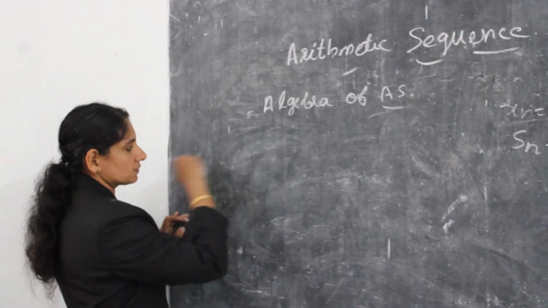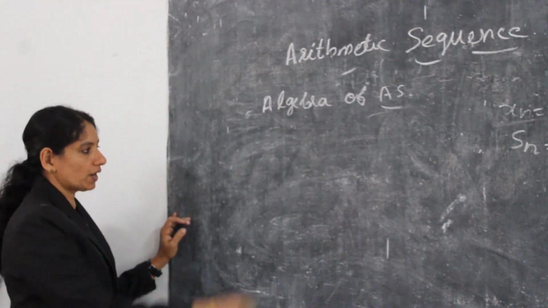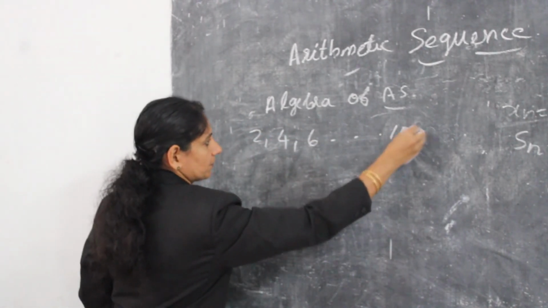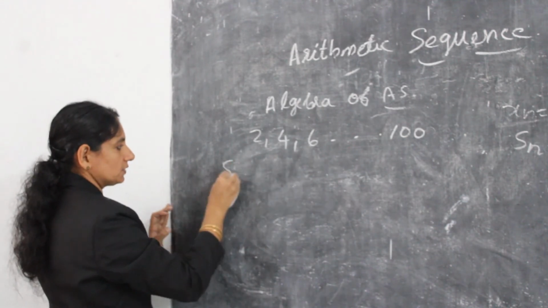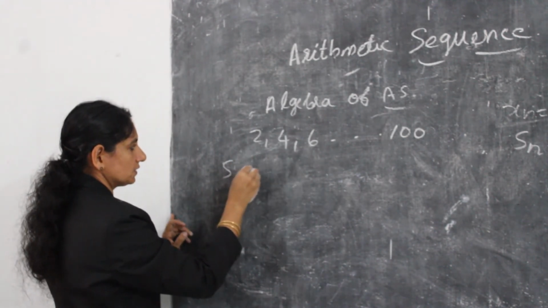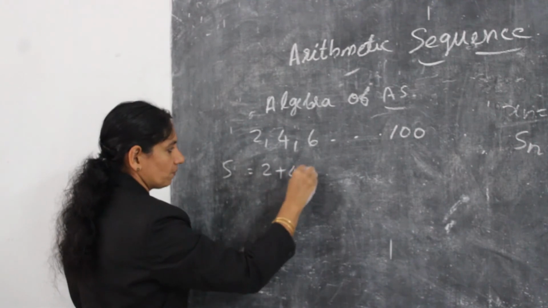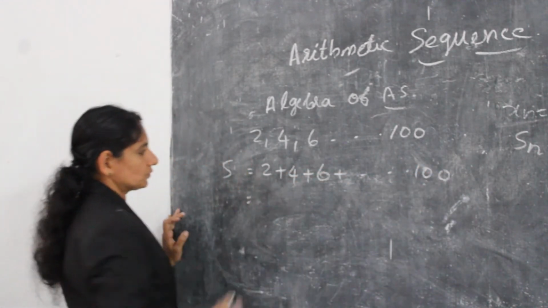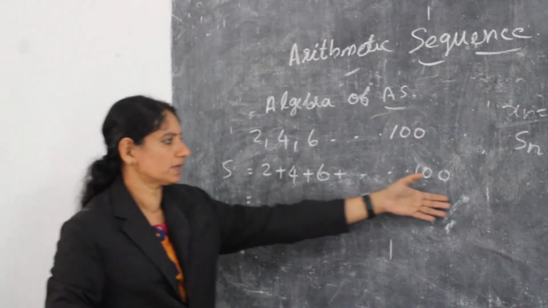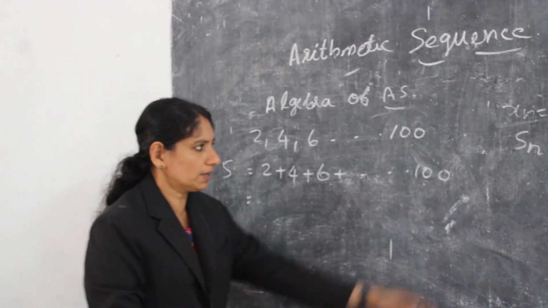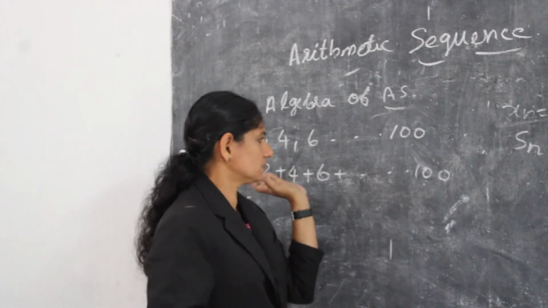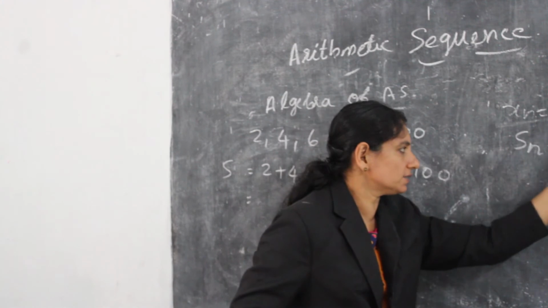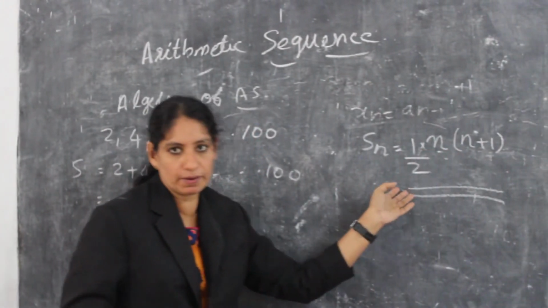Consider the sequence of even numbers up to 100. It is 2, 4, 6, etc. up to 100. We have to find the sum of these even numbers. That is, S is equal to 2 plus 4 plus 6 plus etc. up to 100. We know that for natural numbers, the sum of 1 plus 2 plus 3 plus etc. uses the formula n into n plus 1 by 2.